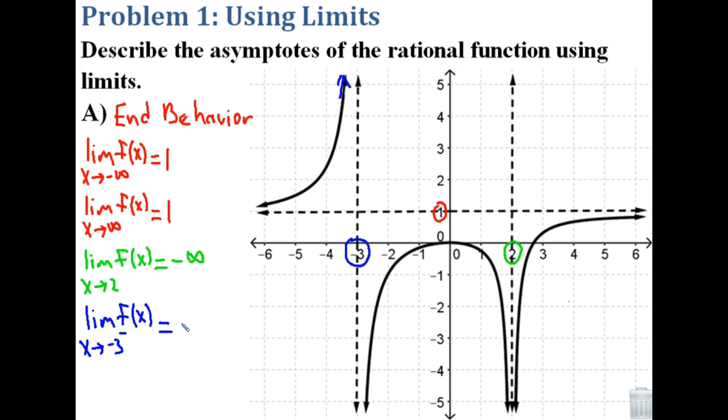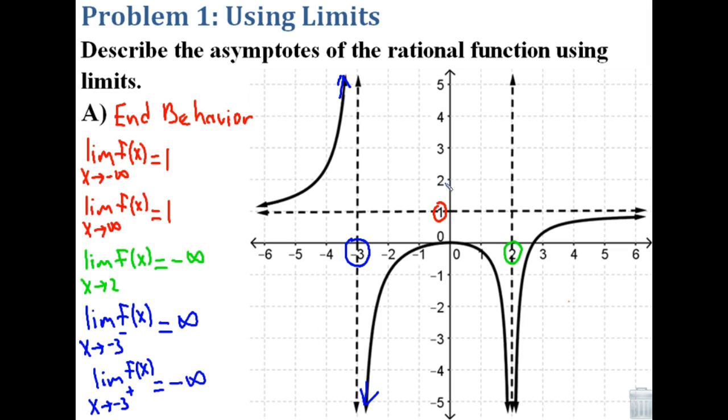So I'd say that limit's equal to infinity. And then for the right side, we'll write it as the limit as x goes towards negative 3 from the plus side of f of x. As I approach from the right side, my graph's going down. So here I'd say that limit's equal to negative infinity.